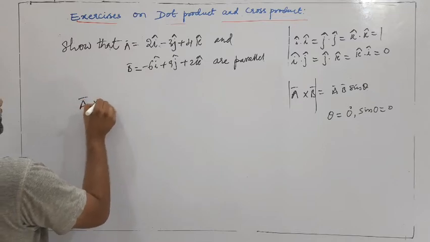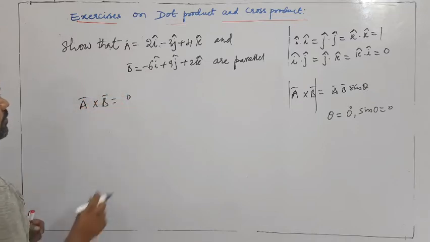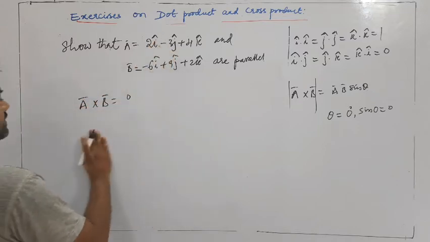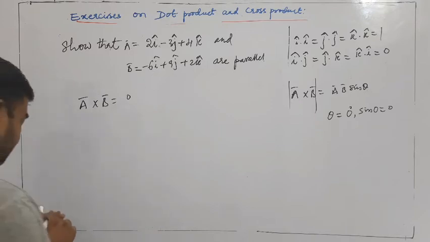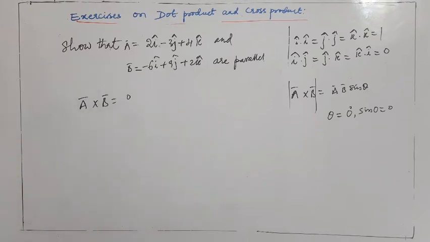This one is A bar, this one is B bar. You have to find A bar cross B bar is equal to 0. For that, you simply have to do the cross product. How can we do it?